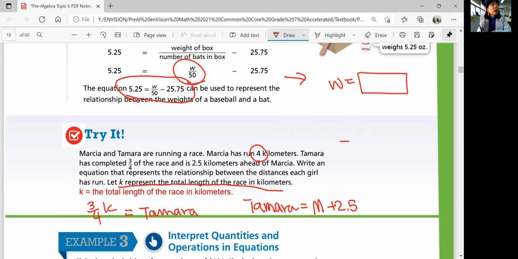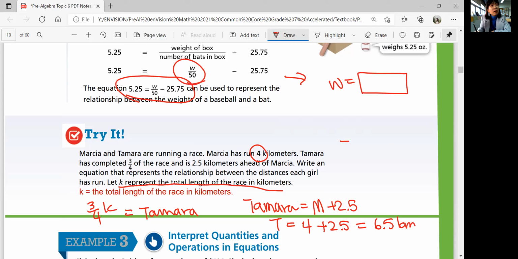Okay, and we know that Marsha ran 4 kilometers. So she is right now at 6.5 kilometers because she's ahead of Marsha 2.5 kilometers, right? And so what can you say?